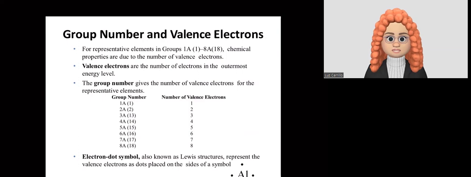Now, valence electrons are the electrons that are specifically in the outermost shell of an atom. In other words, they're the electrons that are on the outside of the atom. So how do we determine that an atom has valence electrons and how many?